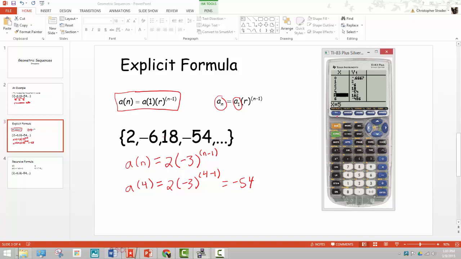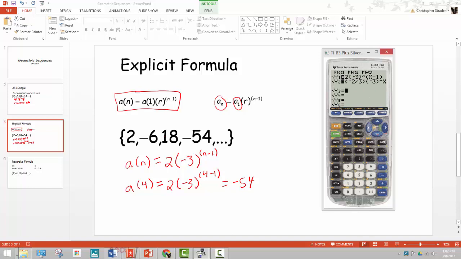Now notice though this is only one particular explicit form. There are different functions here that would produce the same list of numbers. So for example, if I had, say, negative 2/3 times negative 3 raised to the x, and then I checked that out, look, that has the exact same table.